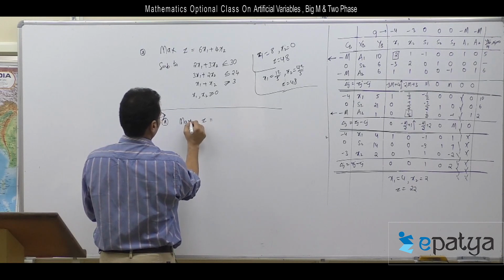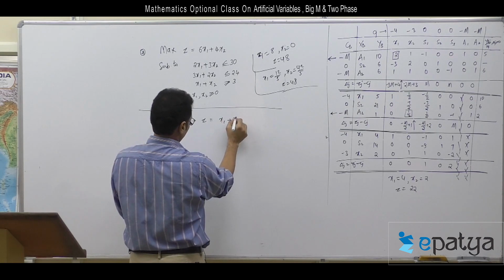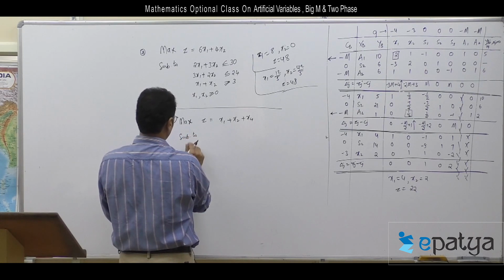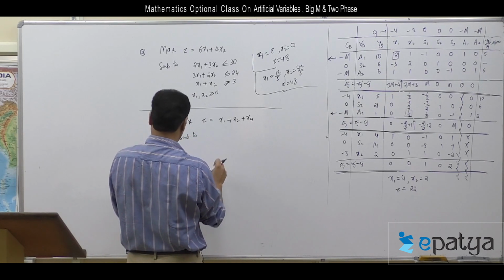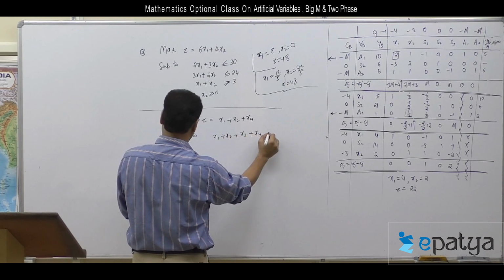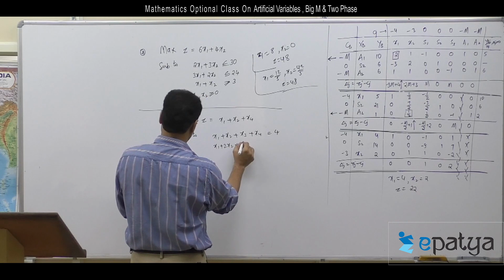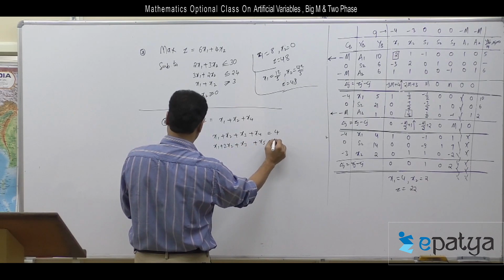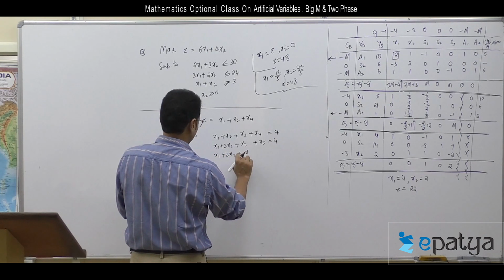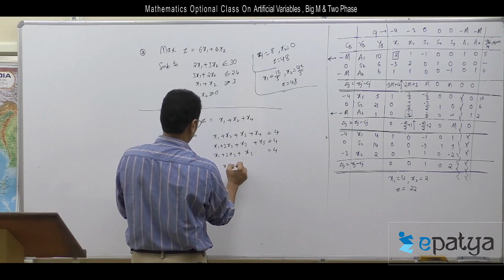Maximize z equal to x1 plus x2 plus x4, subjected to the constraints x1 plus x2 plus x3 plus x4 equal to 4, x1 plus 2x2 plus x3 plus x5 equal to 4, x1 plus 2x2 plus x3 equal to 4, all xi greater than or equal to 0.